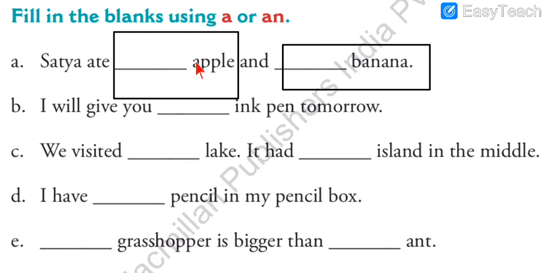So if it begins with a vowel, what do we have to do with this blank? We have to put the answer N. Very good. Those who have said N are very much correct for this. Okay. So the first half part is solved. Satya ate an apple. Wow, excellent.